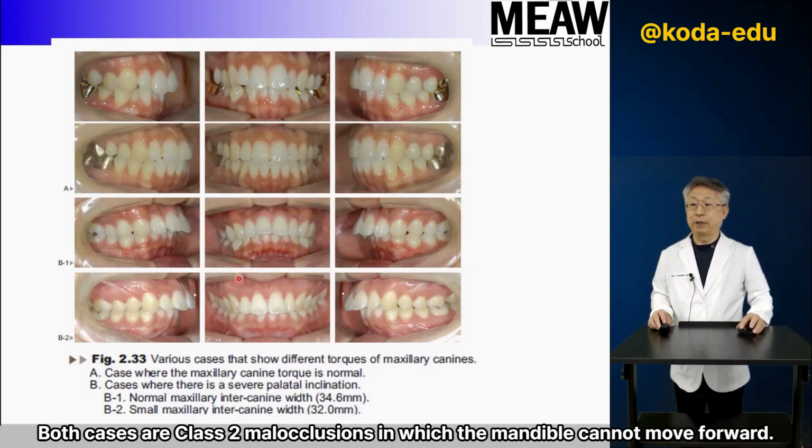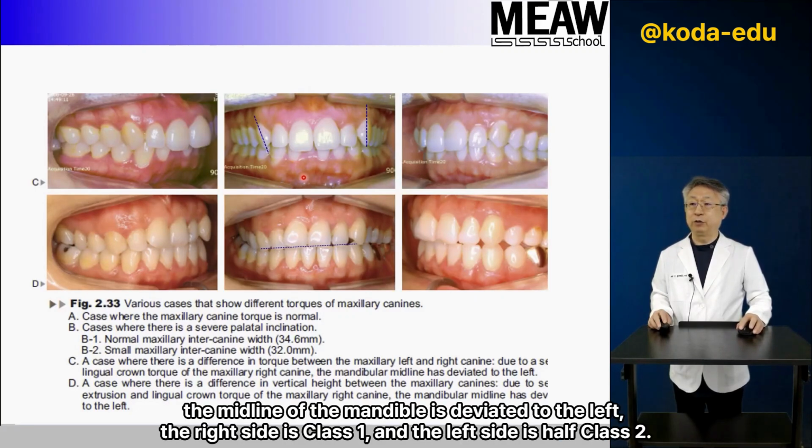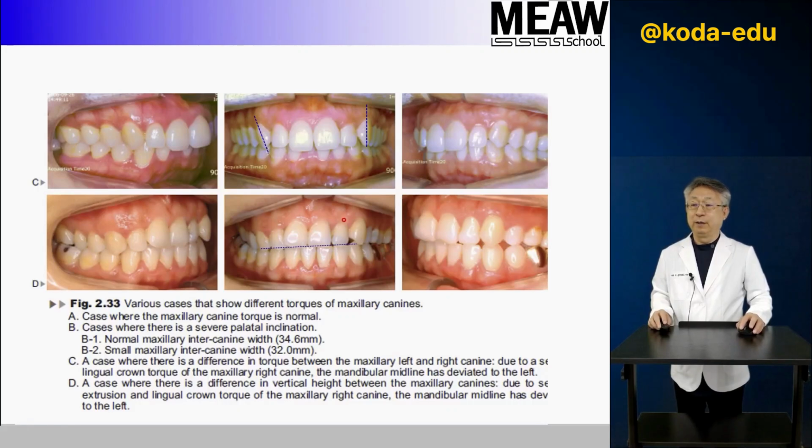Both cases are Class 2 malocclusions in which the mandible cannot move forward. In picture C, the canine on the right side of the maxilla is inclined to the lingual side of the crown. The midline of the mandible is deviated to the left, the right side is Class 1, and the left side is half Class 2.